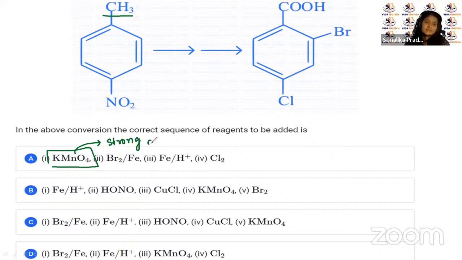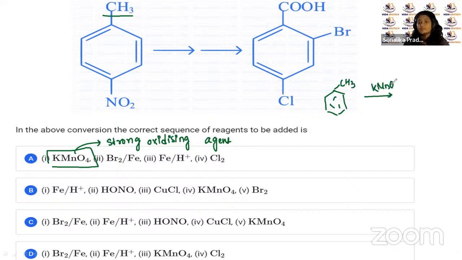Yes, children? So if we are having CH3 here and you give KMnO4, it's going to oxidize, right? And this is going to become COOH. Then you're having bromine.